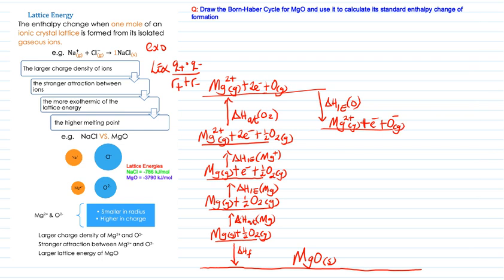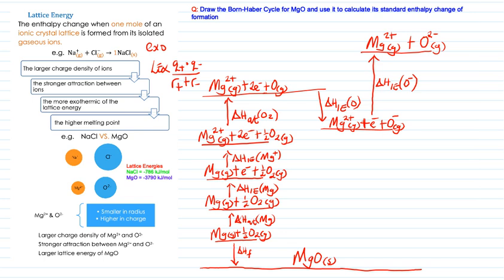Next, in terms of magnitude, the second electron affinity of oxygen is bigger than the first. Now we have Mg2 plus ion in gaseous state plus oxide ion in gaseous state.